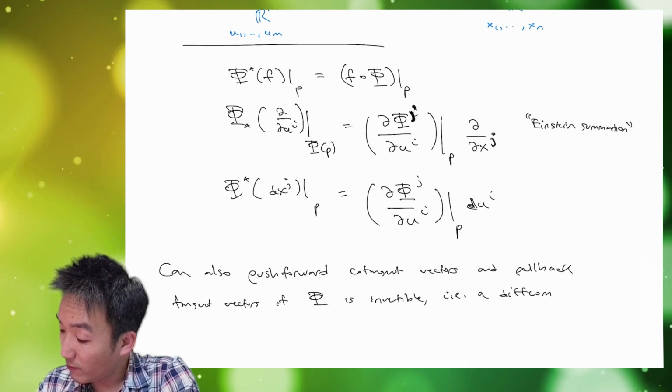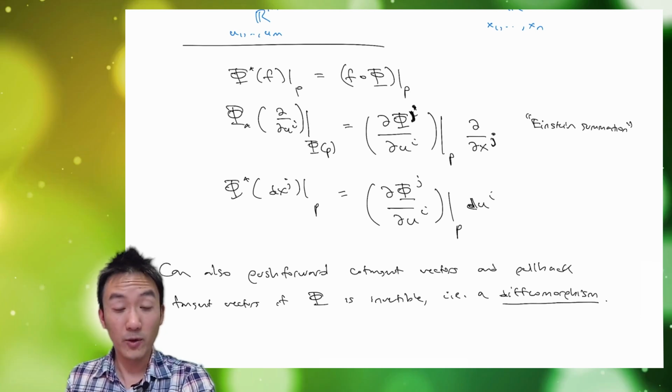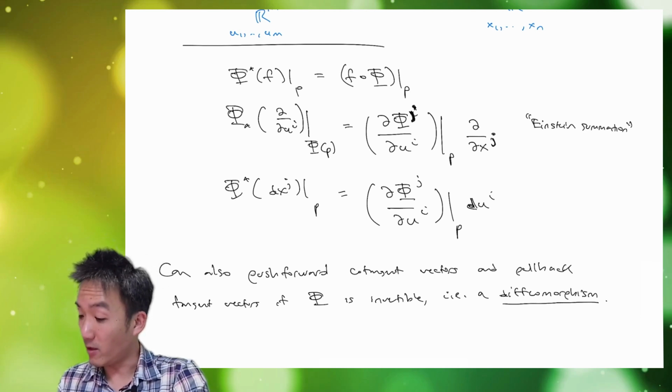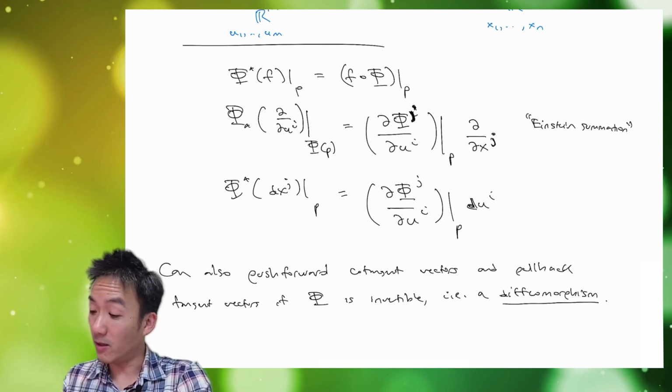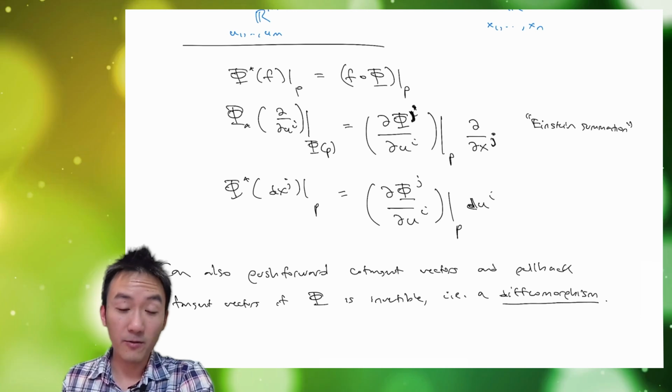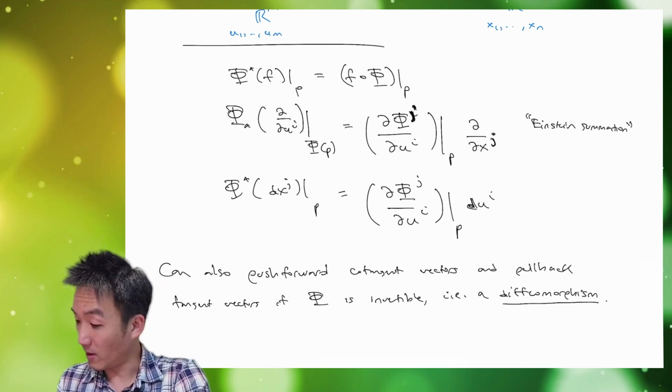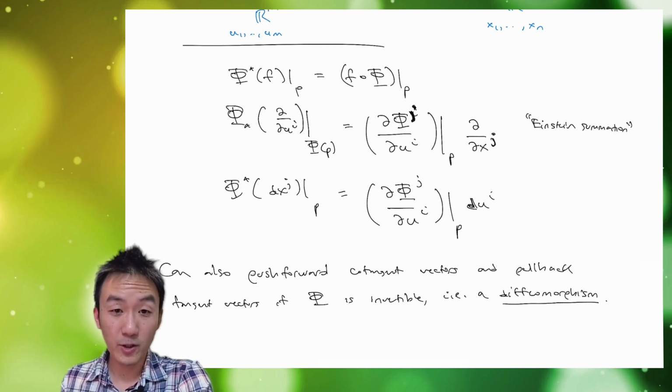Basically a map that you can invert, and both it and its inverse are smooth, so you can take derivatives of the map phi and derivatives of its inverse. Okay, I just wanted to note that, but I won't be writing the formulas. The formulas are very analogous, and they involve the inverse, which is why you need this invertibility criterion.